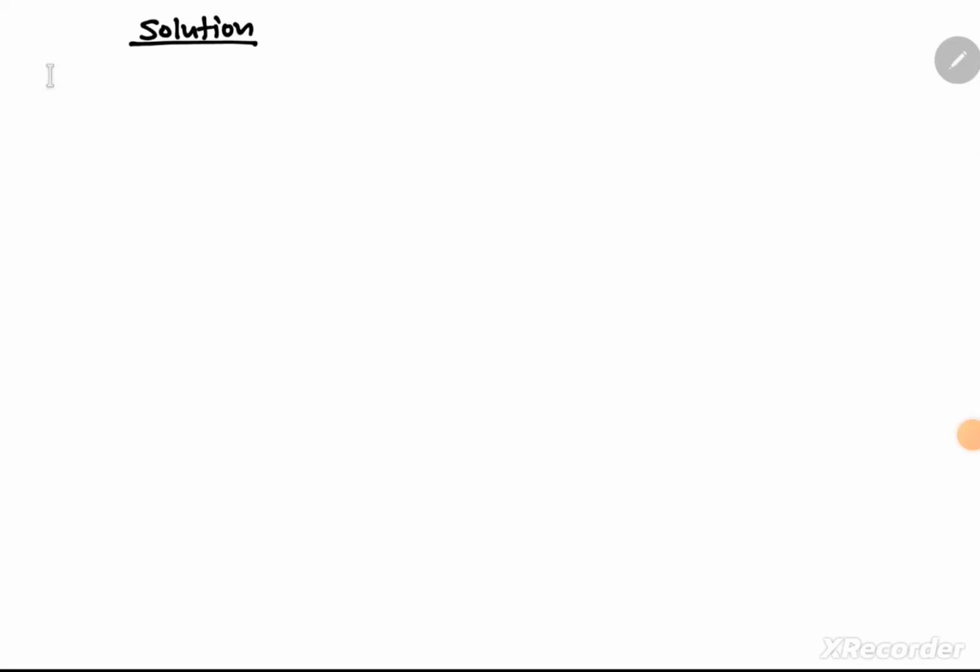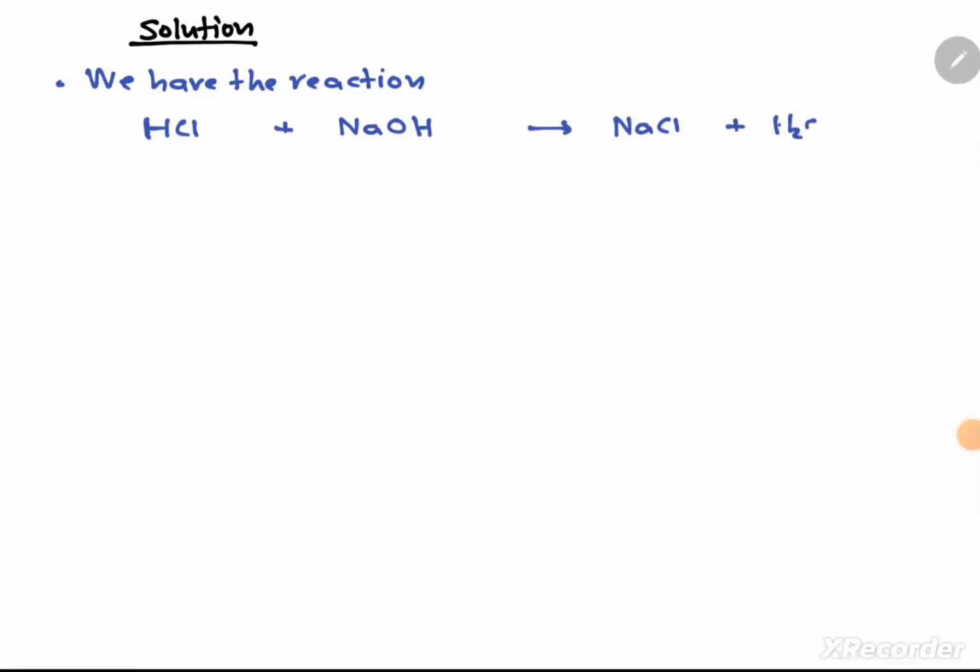First, we write the two chemical reactions. First, for sodium hydroxide, and second, for calcium hydroxide.